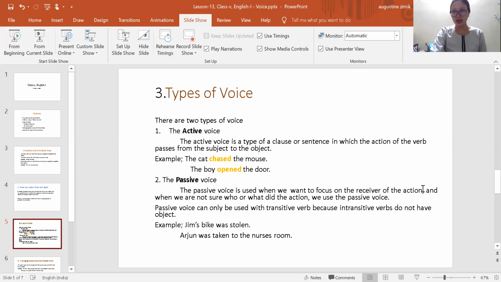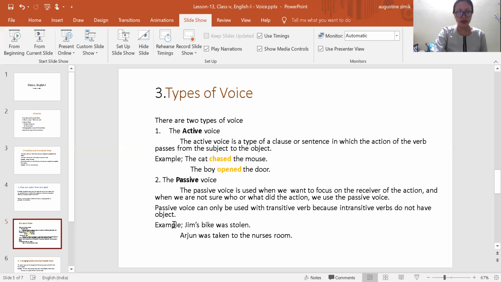Okay. And when we are not sure who or what did the action, then we use the passive voice. Passive voice can only be used with transitive verb because intransitive verb do not have object. Remember this. Passive voice can only be used with what? Transitive verb and not with intransitive verb.